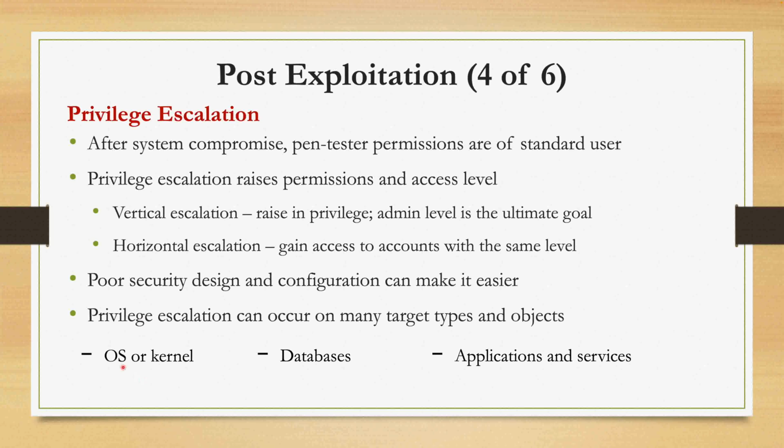Now, what are the key factors leading to privilege escalation? There are many of them. One is poor security design, like weak permission models or missing controls. Others are misconfiguration, such as incorrect file or folder permissions, unpatched vulnerabilities, and credential reuse, meaning weak or shared passwords among different accounts and services.